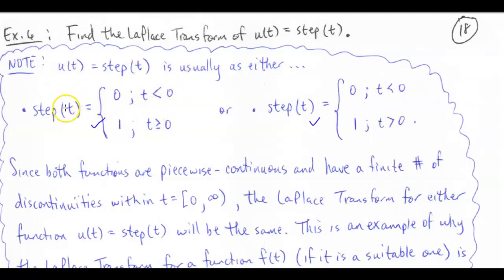So we see we have our unit step function here defined where, and I'll kind of draw it out here, we actually have a defined point at t equals 0. And this version of it actually has an open circle here at t equals 0.